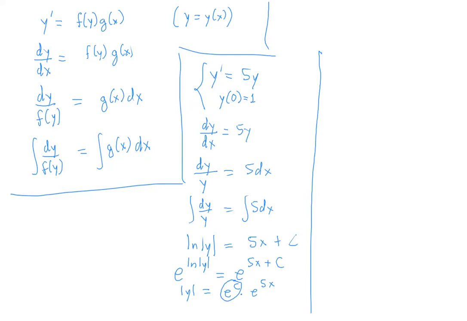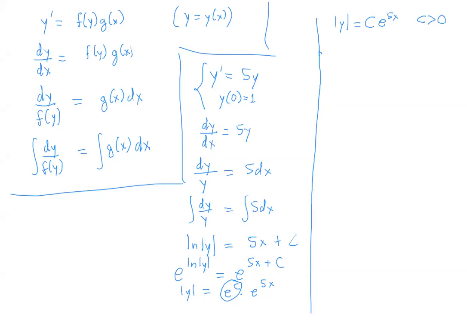I could use a new variable, but you shouldn't feel compelled to do that. You can still stick to c. I'm thinking of e to the c as a new variable, and then I tell myself, why don't I use c again? I just need to keep track of it and say that since I replaced e to the c by c, that c is positive.